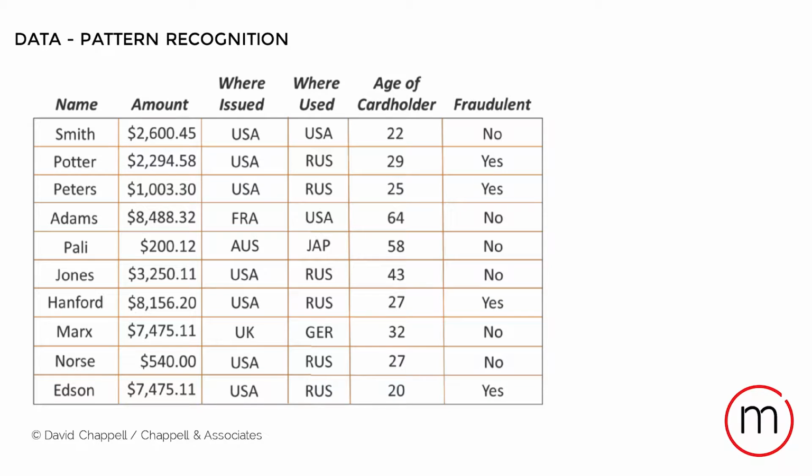Let's start with a little bit of an example here on pattern recognition. I'm going to give you all 1 minute to try and find out if there is a pattern hidden in these 10 rows of data. Anybody that knows it, raise your hand. Yes? All the cards issued and used anywhere that's a significant distance apart is going to be flagged as fraudulent.